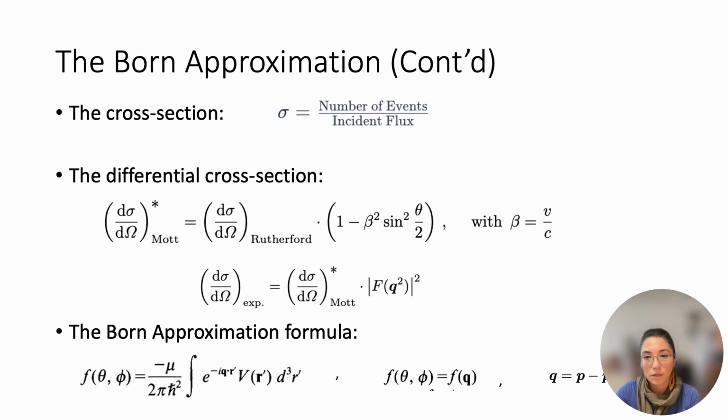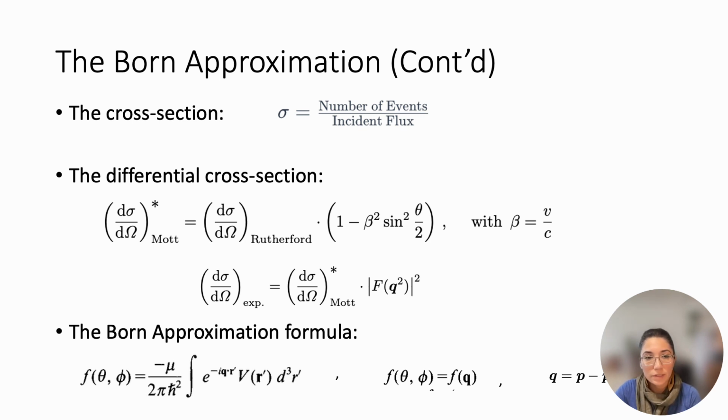And typically, in the Rutherford scattering formula, the spin of the particle isn't involved. But the differential Mott cross-section does take into account the quantum nature of particles, which includes intrinsic spin, and provides a much more accurate description for particles with spin, such as electrons.